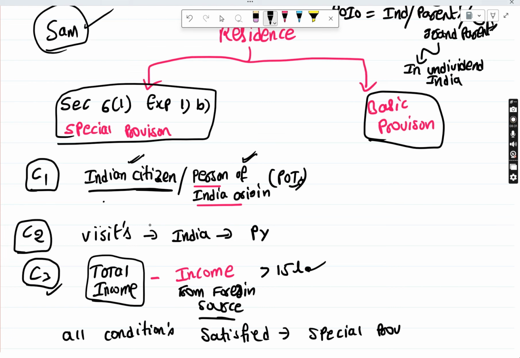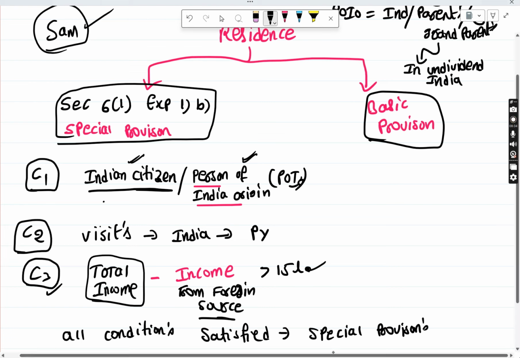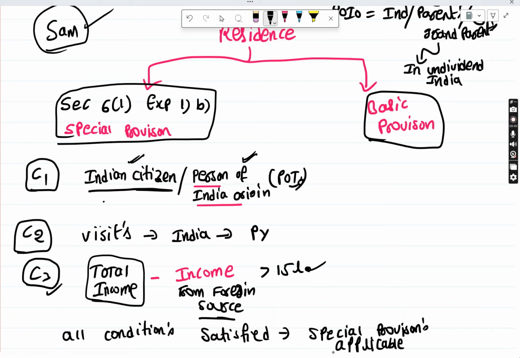So whatever we have discussed so far, to check whether these provisions are applicable or not, this is just applicability. If condition 1, condition 2, condition 3 are satisfied, then the special provisions are applicable. Everybody understood?